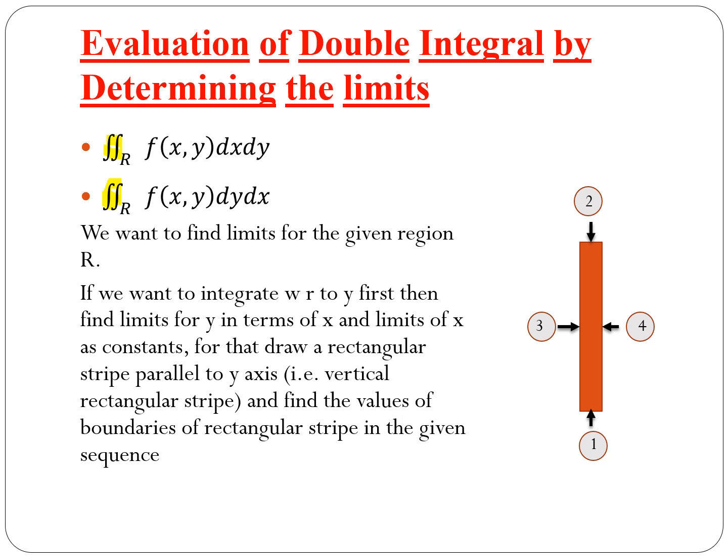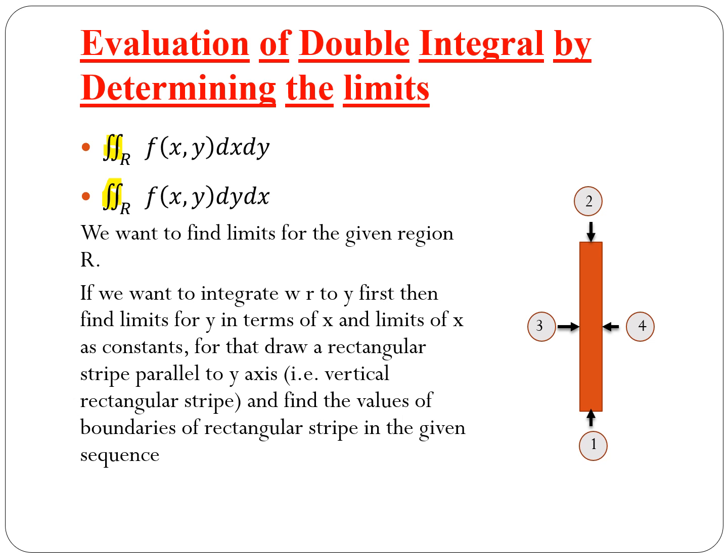So whenever a region is given, you have to draw the region in your xy plane, and if you want to integrate first with respect to y, you draw one vertical strip, and by this vertical strip you can find the limits first for y and then for x.